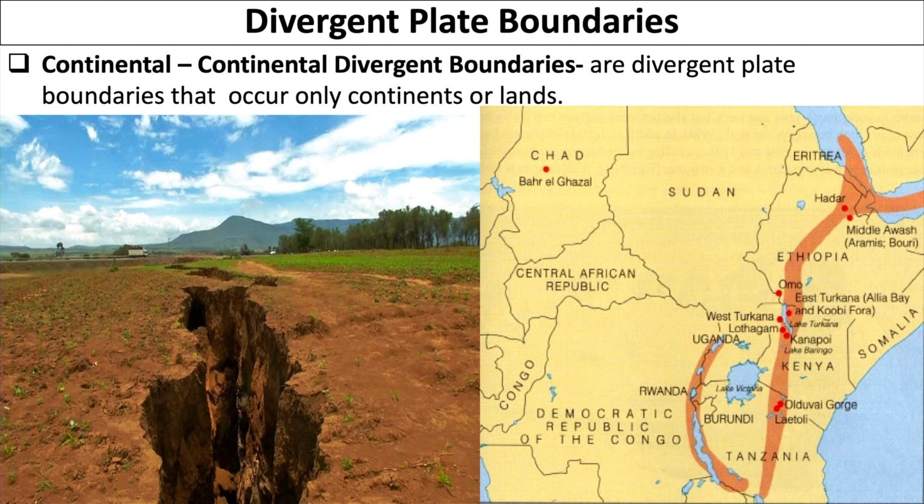These boundaries are separating and moving away the eastern part of Kenya, Ethiopia, Tanzania, and Somalia from the rest of Africa by 1 to 2 feet every 1,000 years.